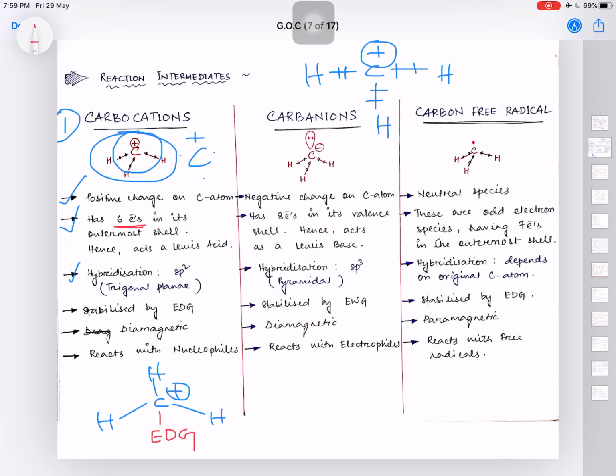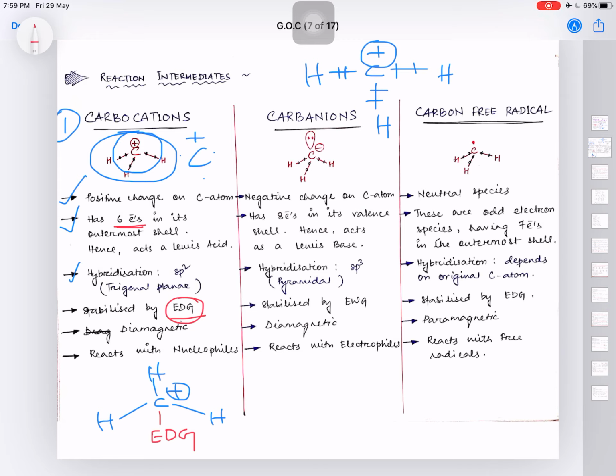So always remember that electron donating groups stabilize a carbocation carbon. Or you can also say that electron donating groups stabilize carbocations.